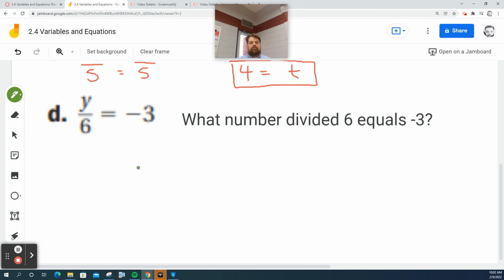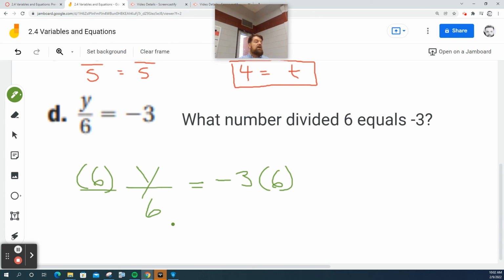You ready? If I say y divided by 6, I still got to get y by itself. I'm dividing by 6. If I'm dividing by 6, what's the inverse of dividing by 6? Multiply. So I'm going to multiply this by 6, and I'm going to multiply this by 6. What is 6 divided by 6? 1.